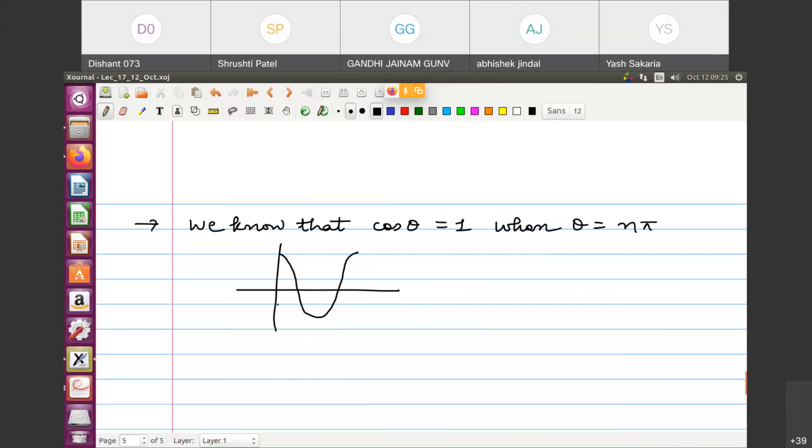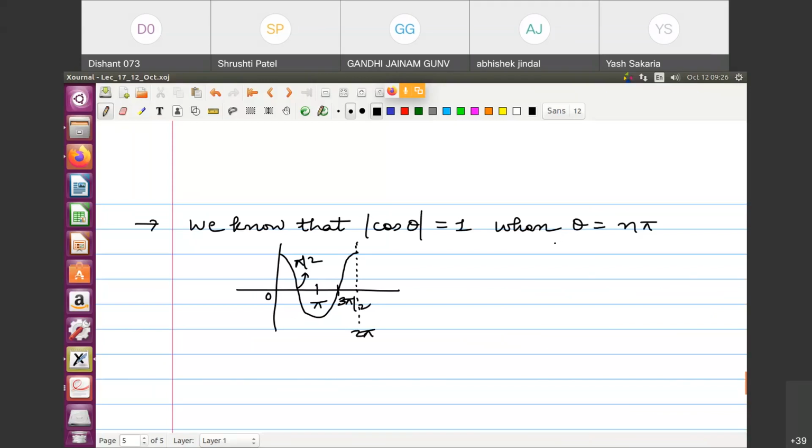So this is the curve, this is 0, this is your pi by 2, this is your pi, this is your 3 pi by 2, and this is your 2 pi. Okay, so you will realize that for pi and for 2 pi it is plus minus 1, I should write that this should be for theta is equal to n pi.